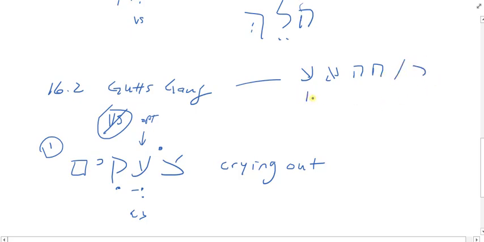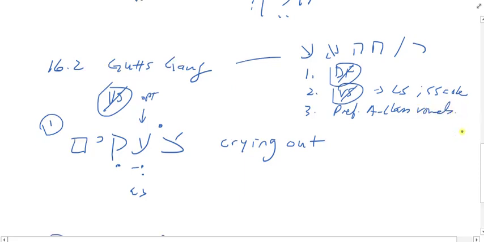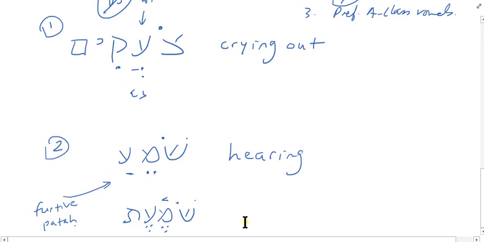The 3 guttural characteristics. Number 1, no dagesh forte. Number 2, no vocal shava. We get compound shava. Silent shava is okay. Number 3, they prefer A-class vowels. Okay? And that's why Aleph prefers to go. We'll forget about that for a minute.